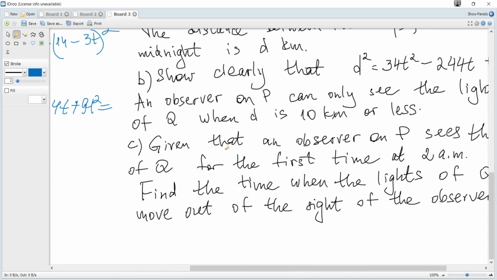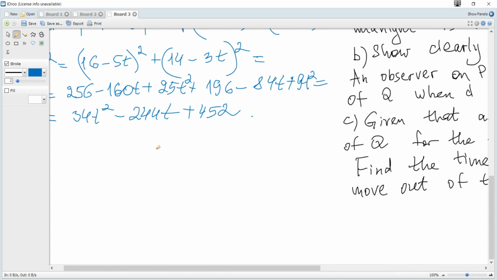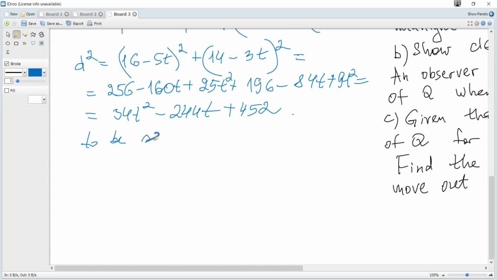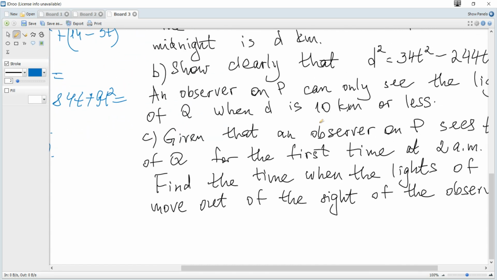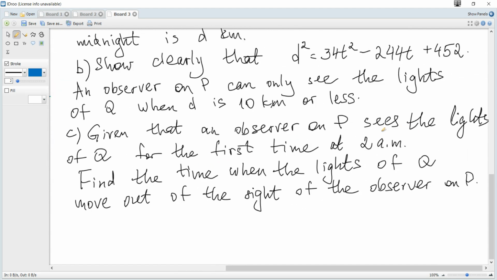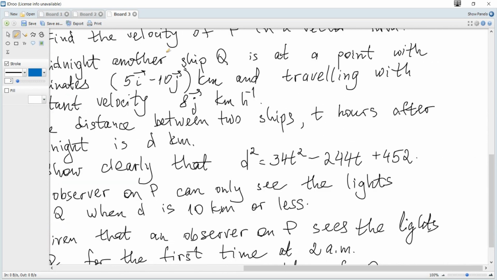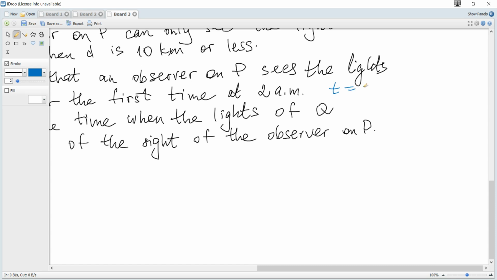Then an observer on P can only see the lights of Q when d is 10 kilometers or less, and to be seen, d squared must be less than or equal to 100. d less than or equal to 10, hence d squared less than or equal to 100. Question C. Given that an observer on P sees the lights of Q for the first time at 2 a.m., since t0 is at midnight, t is 2 hours.